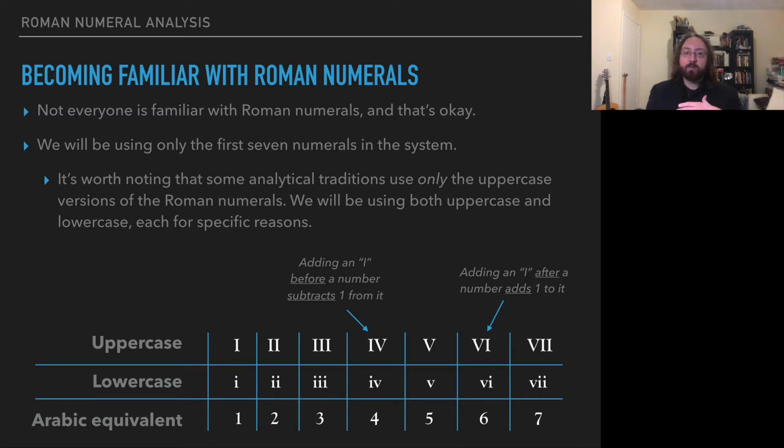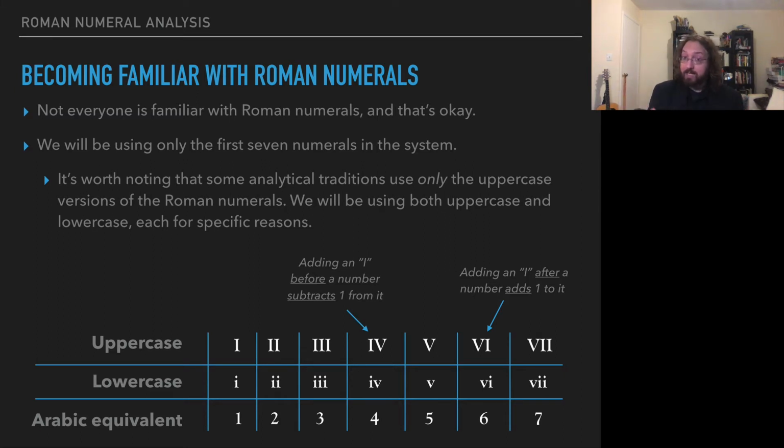When we add an I before the V, then it subtracts 1 from that 5. So an I before the V is a 4. Likewise, if we add an I after that V-looking symbol, then it adds 1 to it. So a V with an I after it is 6. A V with 2 I's after it is a 7. So this is all that we have to concern ourselves with.